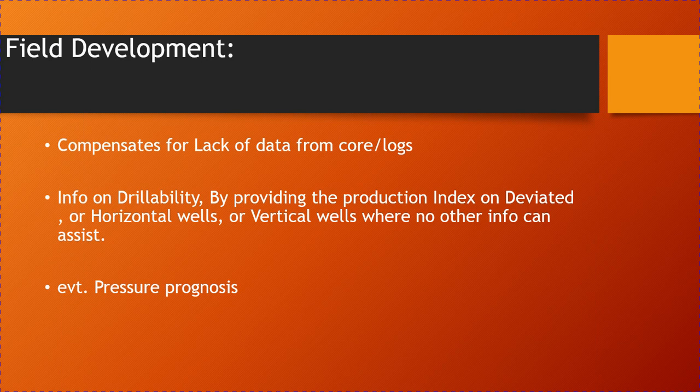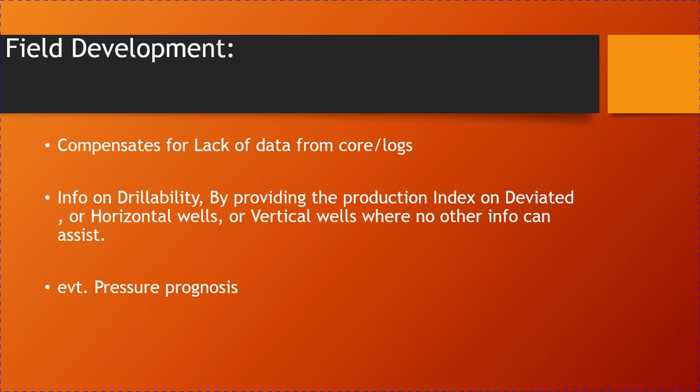Also, quite often you are asked, when you do field development as a reservoir or production engineer, the drilling engineer may ask you about info on drillability, and this is nowhere to be found, or sometimes you can extract it from the geology or from the static model or the dynamic model, but it is sometimes hard to compute.